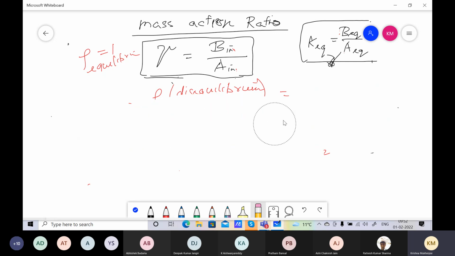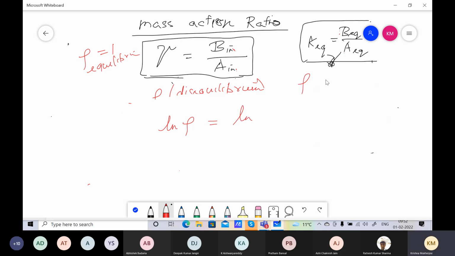And now can you tell me some very basic, for example, okay, let me jump here. What will be ln rho? ln rho is equal to ln gamma.